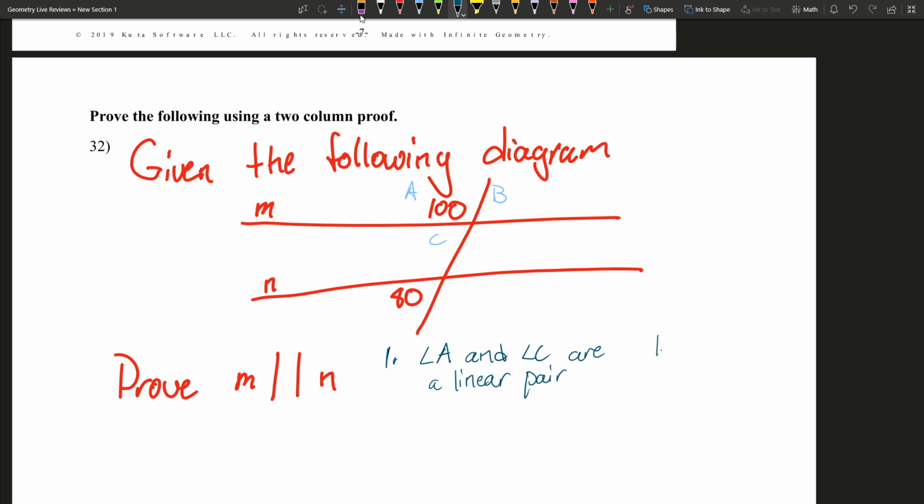Because given a diagram, you can assume things are a linear pair. So we know that A and C are a linear pair because they form a straight line.